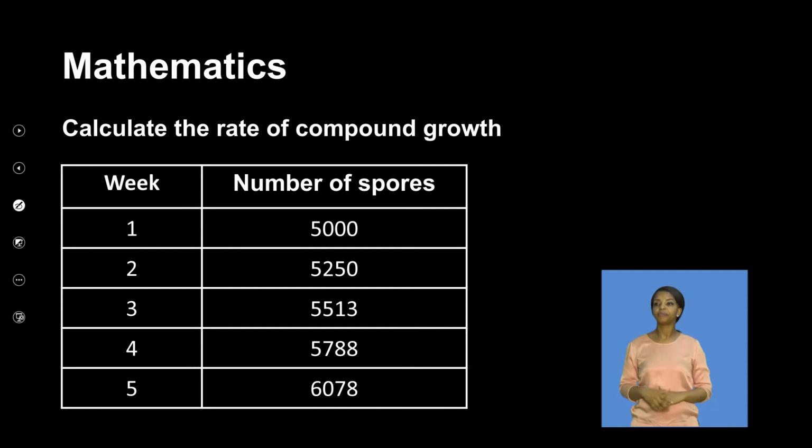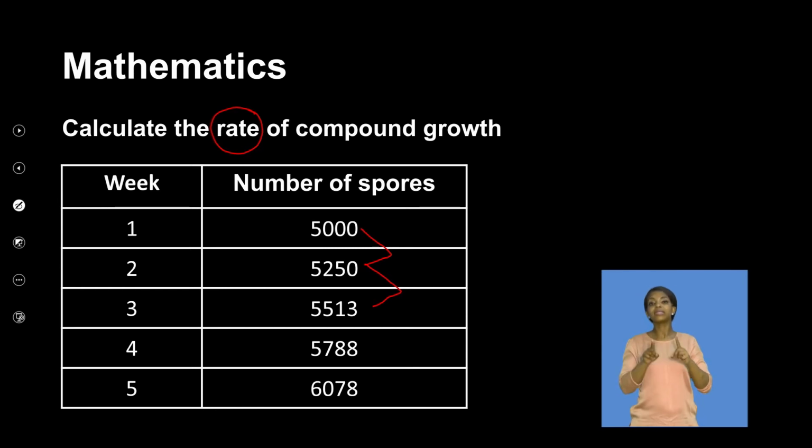Now, if we were to calculate the rate of compound growth that we're dealing with. So in week 1, remember our first table, we had 5,000. In week 2, we had 5,250. So to calculate the rate here, remember that we are not adding, right? So from there to there, yes, you can add. But from there to there, you can see that what you are adding is not the same anymore. So I can't add.